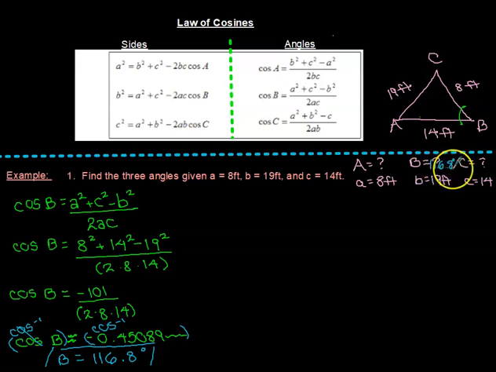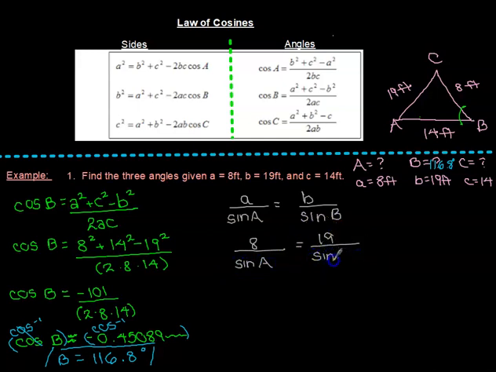So now we can use the law of sines. I'm going to set it equal to sine of A over A equals sine of B over B. And I'm going to plug in the values. 8 divided by the sine of A equals 19 over the sine of 116.8 degrees.